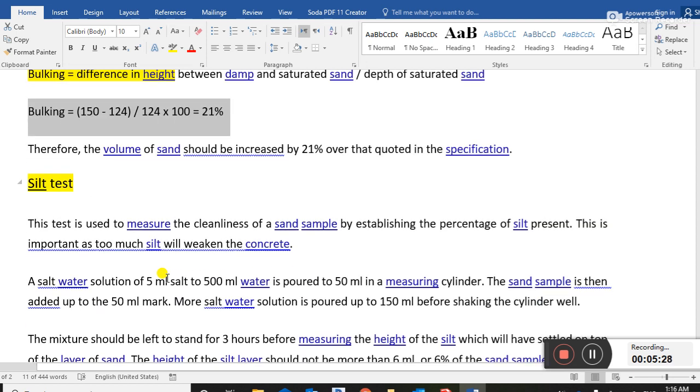Therefore, the volume of sand should be increased by 21% over the quoted in the specification.